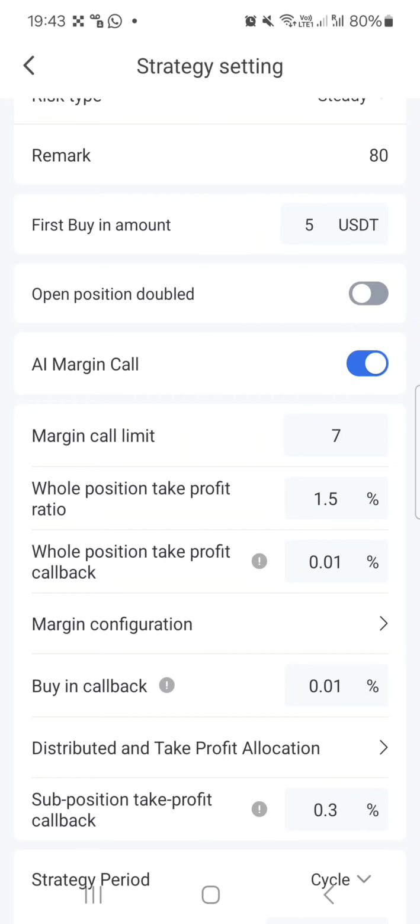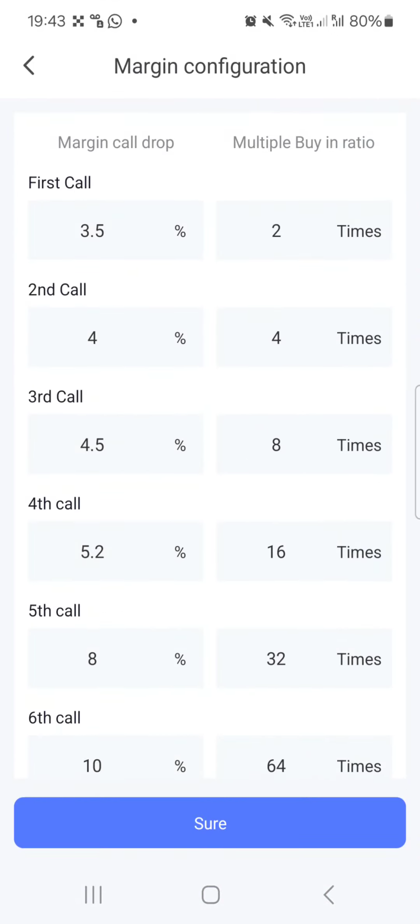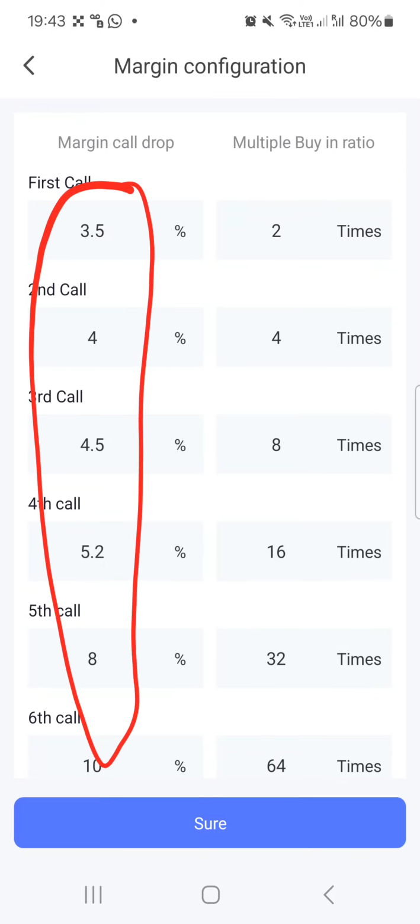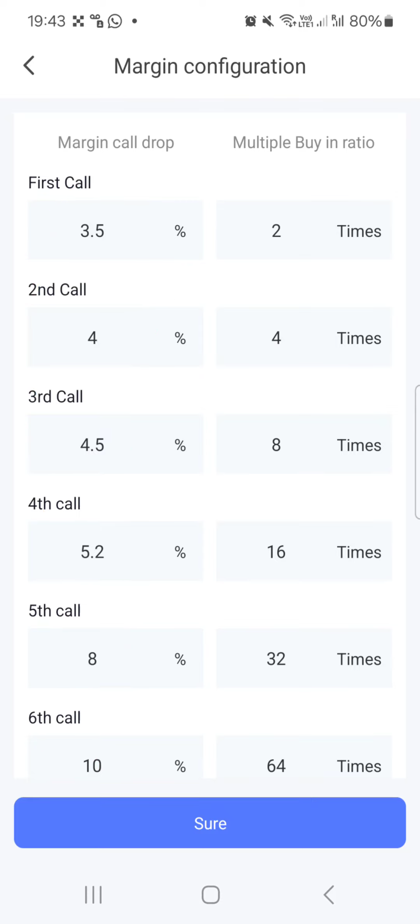So here, margin configuration, this is where you're going to divide your capital. We go into margin configuration. As you can see, this is the price drop. When the price drops by that, you want your robot to buy using the $5 first buy amount or the $10, whatever the case. I would suggest that you decrease this up to the fourth margin call.